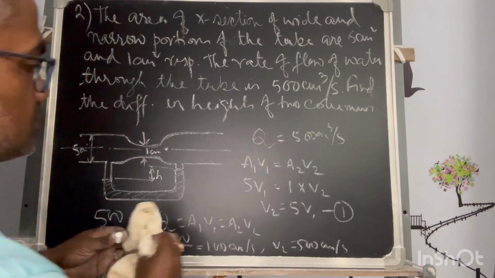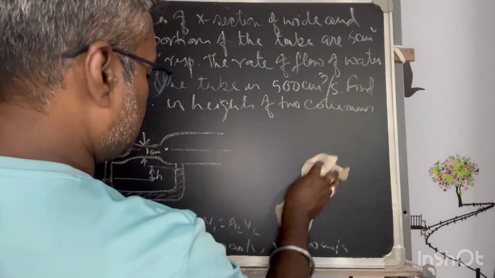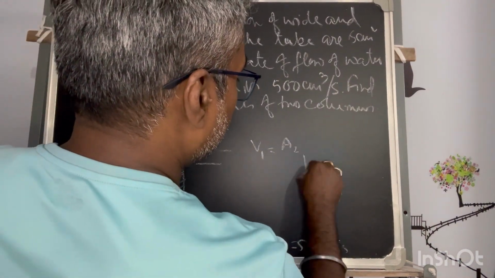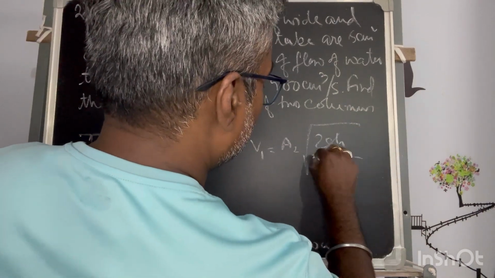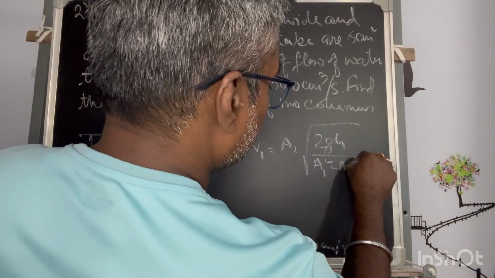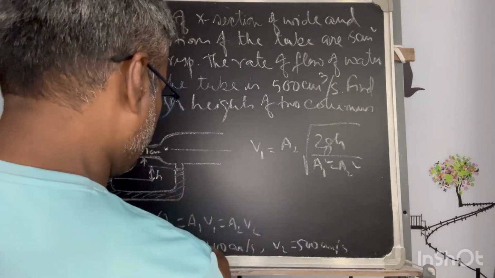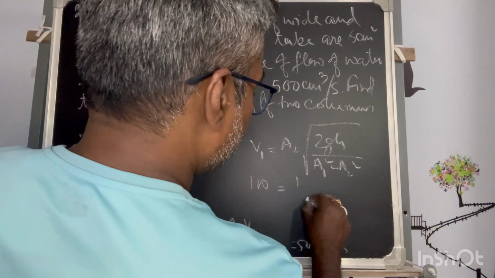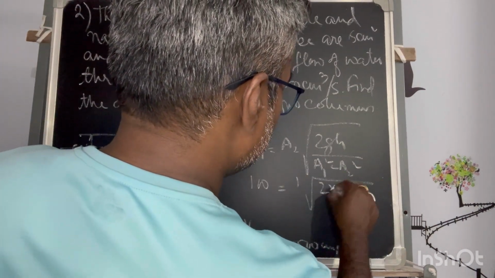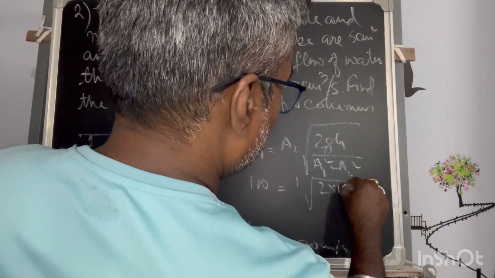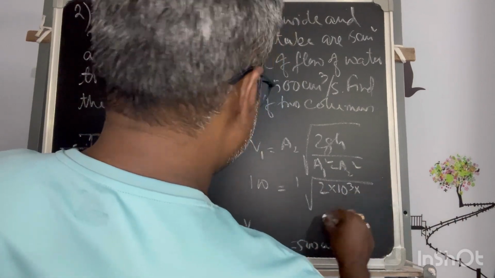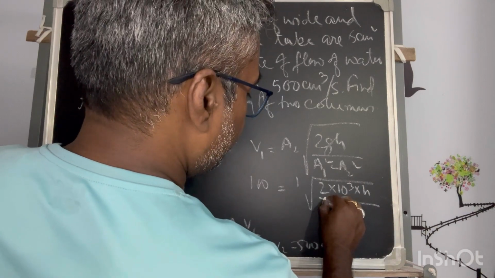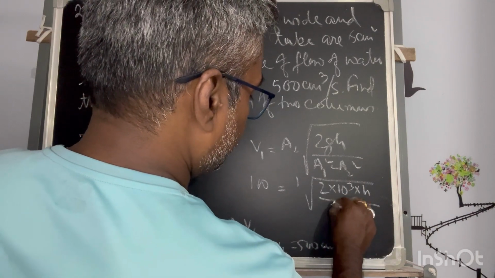Now once you get the velocity, how will you find h? So velocity V1 is equal to A2 into under root of 2gh by A1 square minus A2 square. So V1 you know, put 100, and A2 is equal to 1, and under root of 2g, you can take 10 to the 2 for sake of calculation, and height h difference, this is equal to 5 square minus 1 square, 25 minus 1, 24.